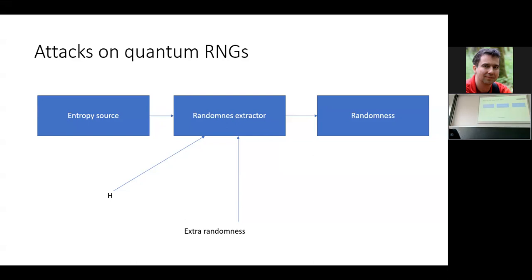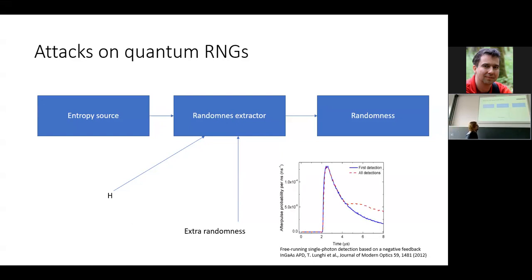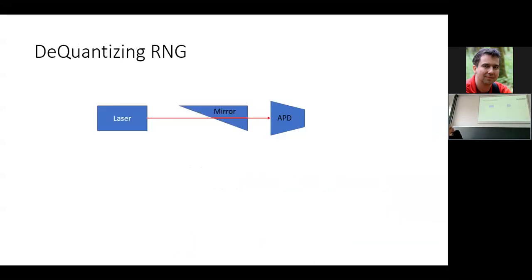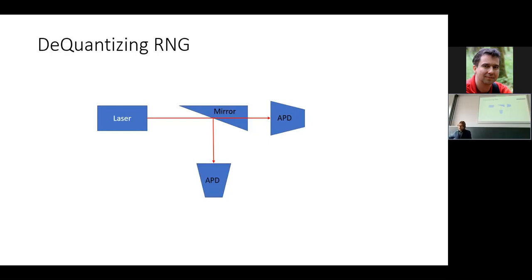So this will work. And since you asked this question, let me show you this picture. This is what dequantizing is doing. If you have this random number generator, and one of the detectors just detected a photon, what happens is this detector is, I think the correct word is primed, and then it's slightly more likely to detect a photon in the coming rounds.